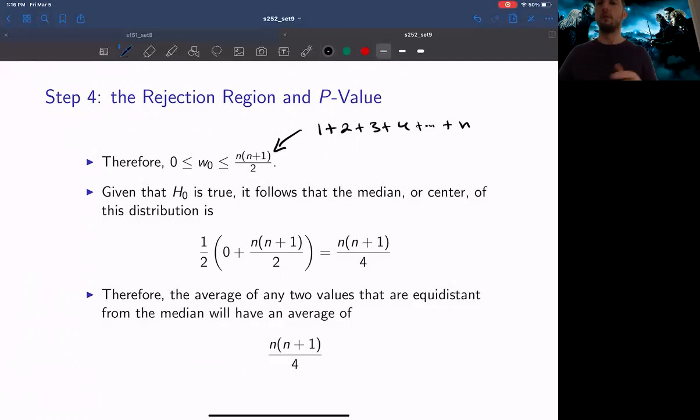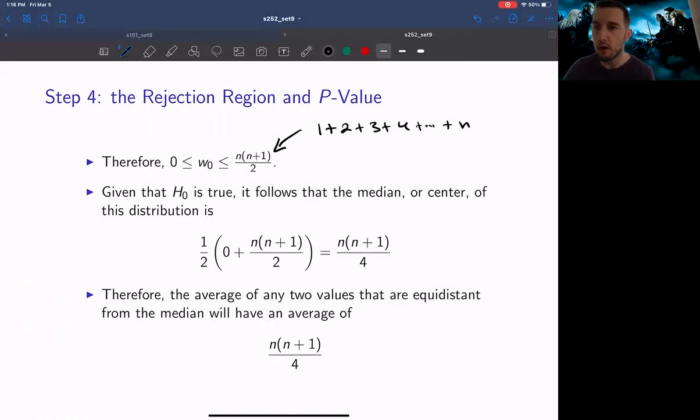Okay. So what we have done is we've learned how to find the test statistic in an illustrative way. Given how the test statistic is computed, we know that it can never be smaller than 0 and it can never be greater than the sum of all of the ranks. So it has to be between those two numbers.